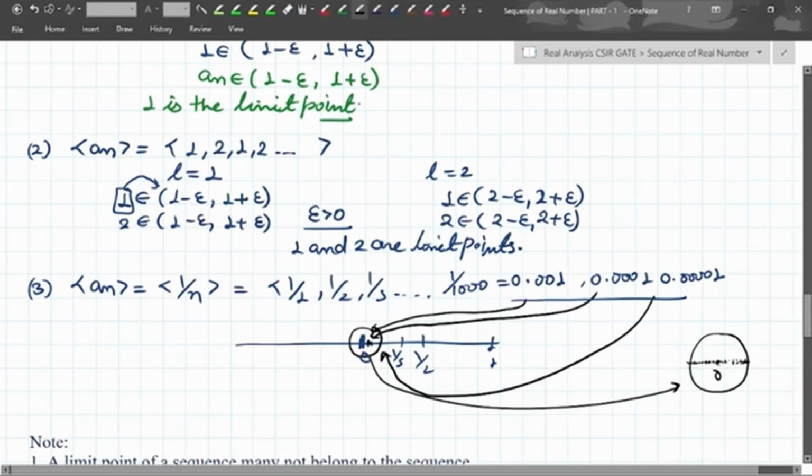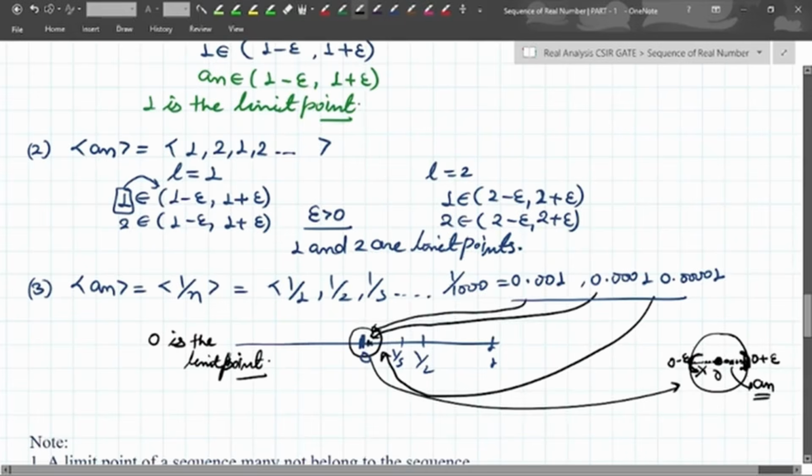It means this particular neighborhood, let's say 0 minus epsilon, 0 plus epsilon, is my neighborhood. It is containing infinitely many terms. On the negative side it is not, because there are no negative terms. In this particular area, it contains infinitely many terms of the sequence. So 0 is the limit point.